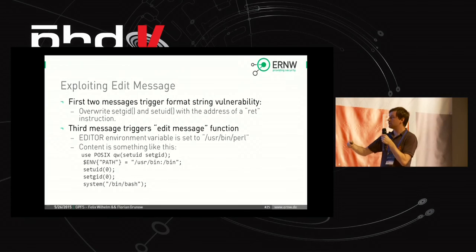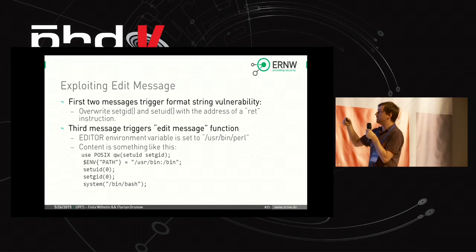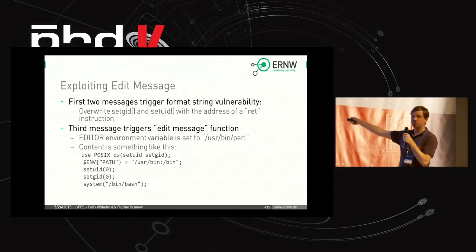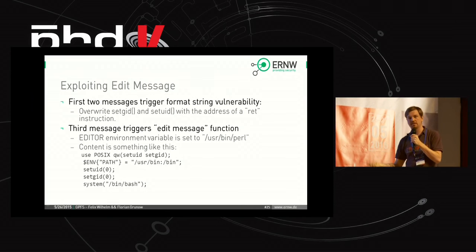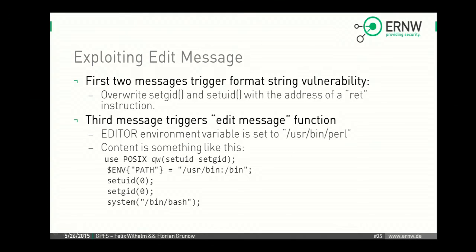The third message will then trigger an edit message command, which sets the environment variable to /usr/bin/perl, and the text that we are going to send over is simply something like this. We're using setuid, setgid, and then we're dropping to /bin/bash.